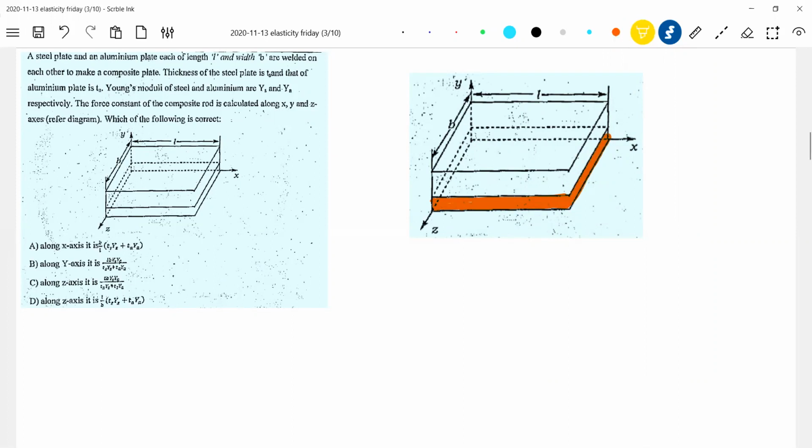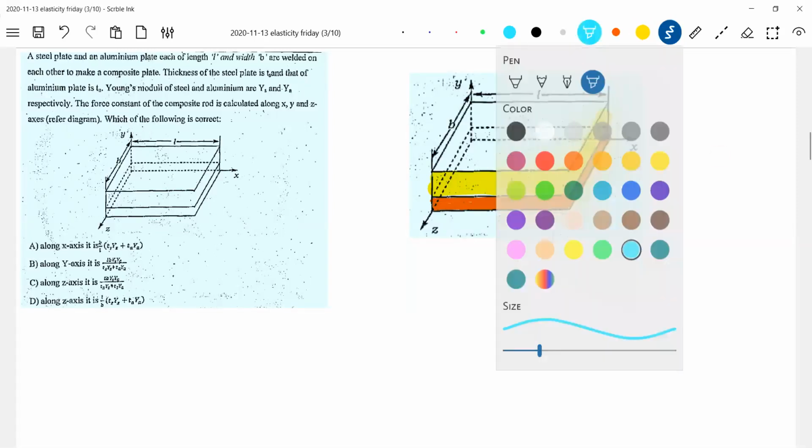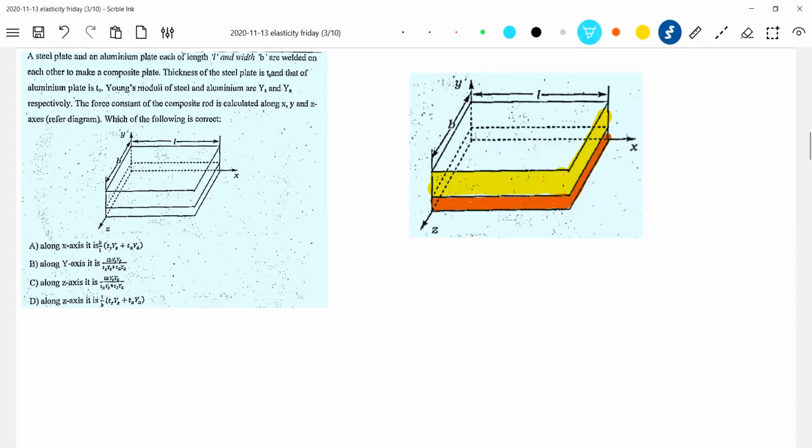This is one plate. This is the top surface of both. Okay, now at least I've given some diagram clarity. Try to work it out.